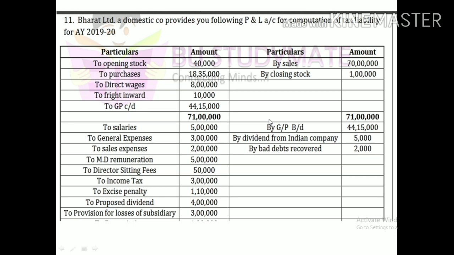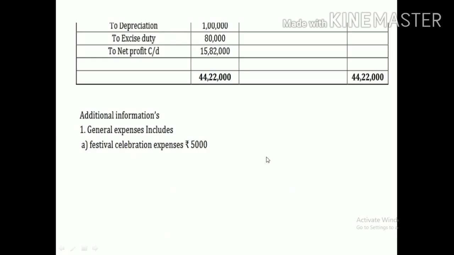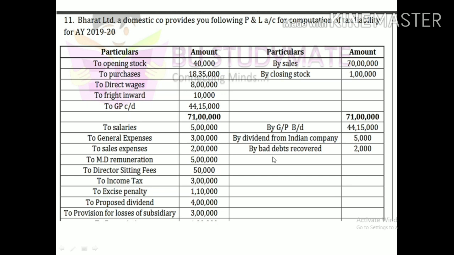Deduct: inadmissible income already credited, then allowable expenses not yet debited. Inadmissible income already credited we can find in the profit and loss account on the credit side, and allowable expenses not yet debited we can find in the adjustment. First, inadmissible incomes already credited.